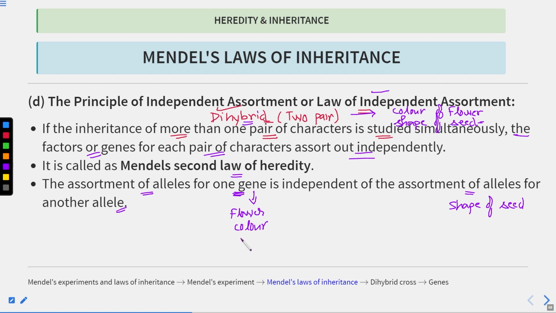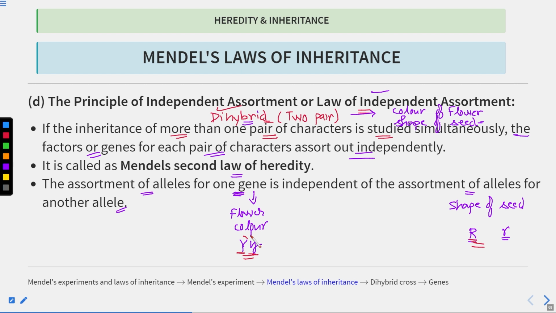So flower color is, suppose, controlled by the gene Y. Capital Y is for the yellow color, and then we have the small y. Whereas the shape of the seed can be round or wrinkled. It is controlled by R, which gives you the round seed, and small r, which gives you the wrinkled seed. Clear? So these alleles will assort independently of these two.